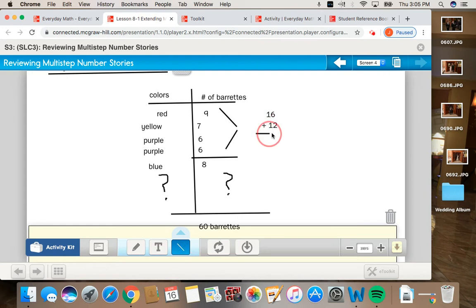So I can add 16 plus 12, and that gives me a total of 28. So whatever I have down here, plus 28, needs to give me 60. So why don't you go ahead and figure out what this number has to be to add to 28 to give me 60?